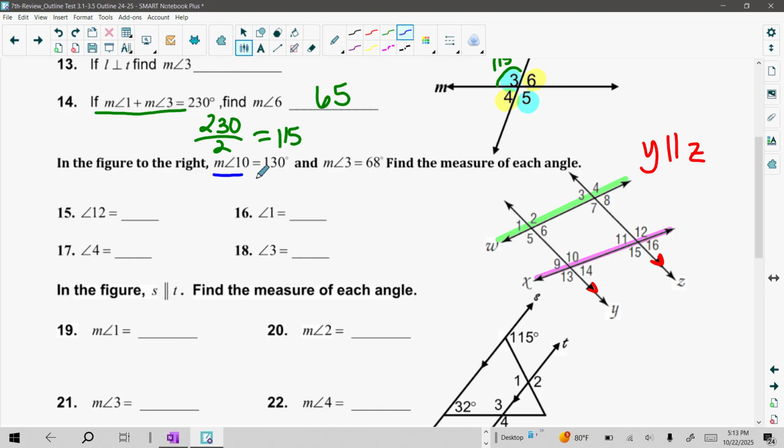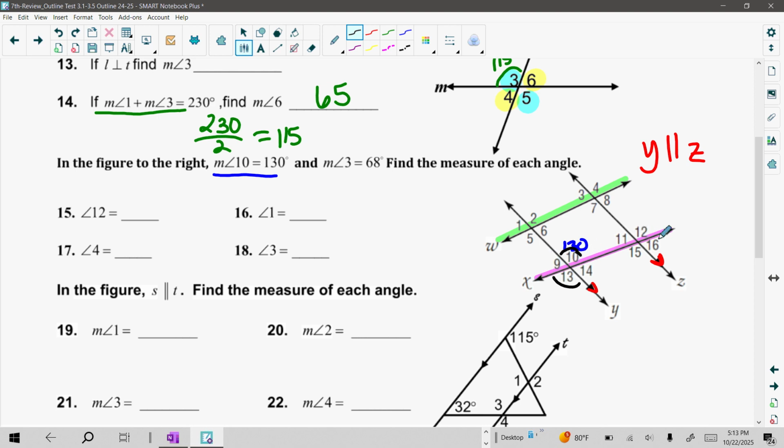They're telling us here the measure of angle 10 is 130. So if I had 130 here, that would be with this purple transversal. So I can see hopefully the pattern with just this transversal. I can see 10 is the obtuse angle. So these two, obtuse and obtuse, will be together.